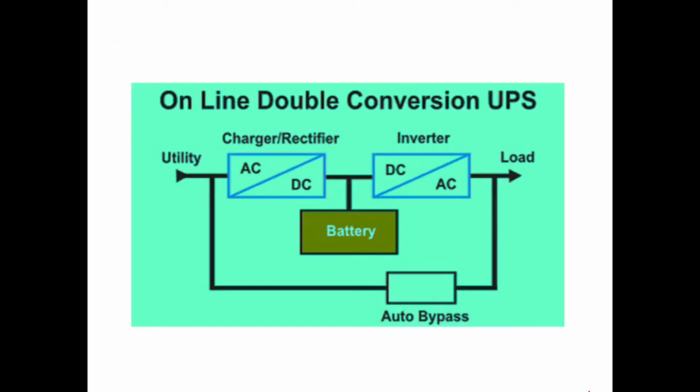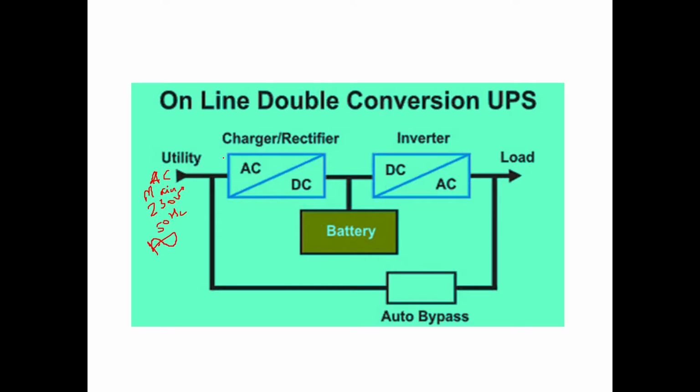Okay, then in UPS there are two types. One is called online UPS and another one is called offline UPS. So first we will see what we mean by online UPS. Here you can see the AC mains, which can be your 230-volt, 50 hertz AC supply, an alternating quantity.